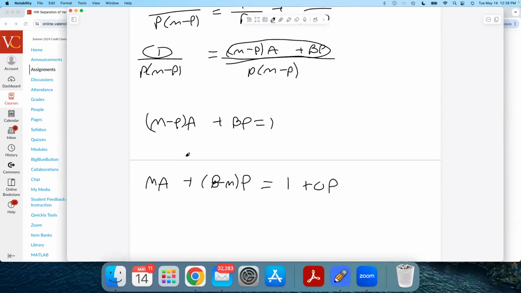So make sure you understand all the arithmetic I've done here. I've collected my p's together and I've collected my constant that doesn't have a p. The only way two polynomials can be equal is if their coefficients are equal. So that means MA equals 1.